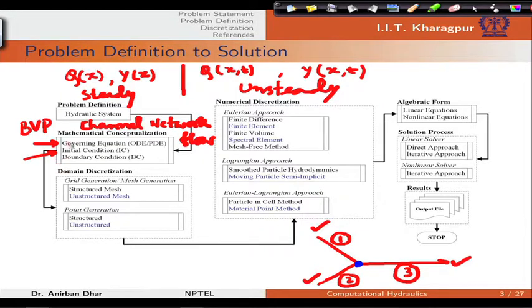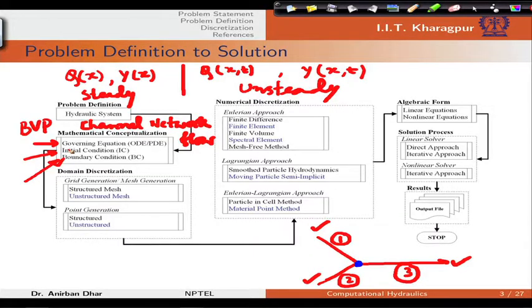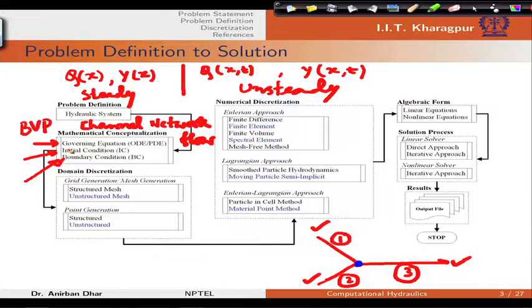At the same time, we also require boundary condition. Boundary condition may be fixed or time varying boundary conditions. Either it can be in the form of time varying discharge or time varying depth, or fixed depth or time varying discharge condition.